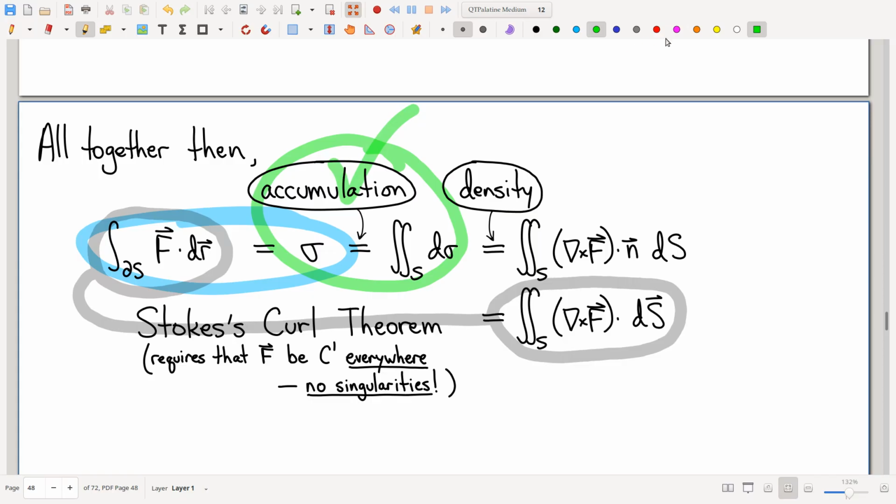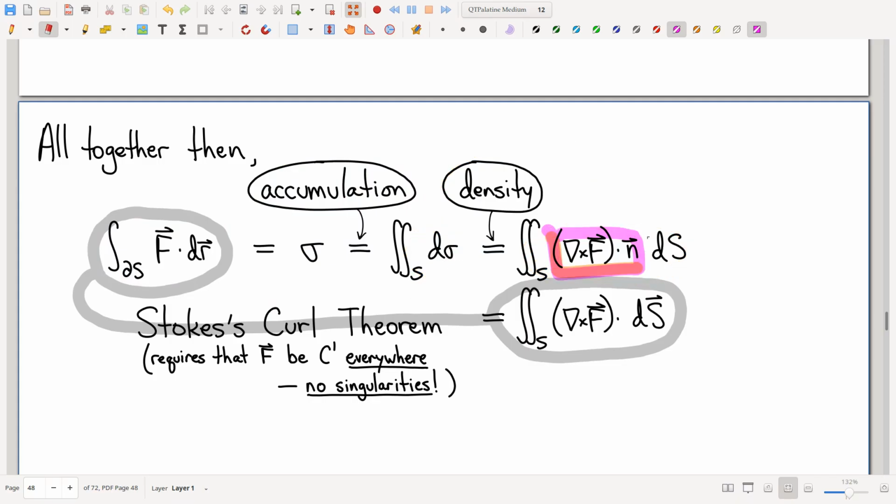Stuff is stuff per unit size times size. And arguably, depending on what kind of notations you prefer, we're done. Arguably, that's Stokes's curl theorem.